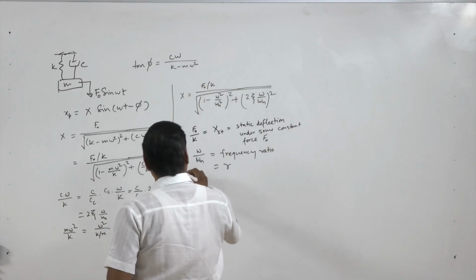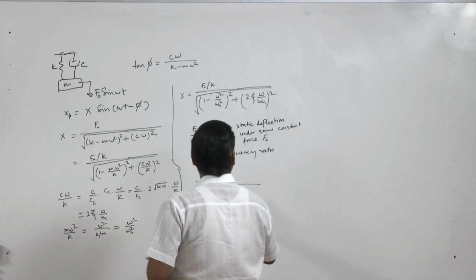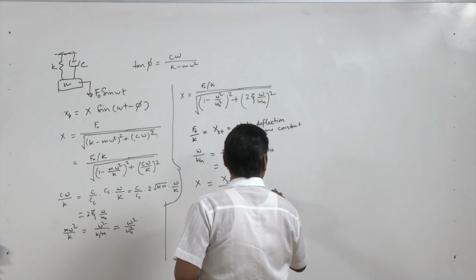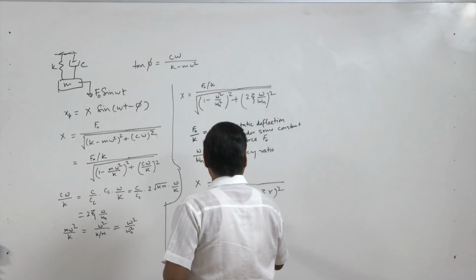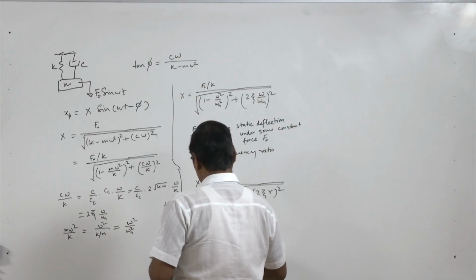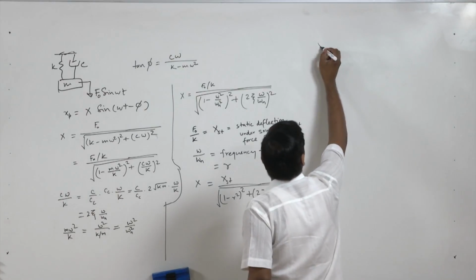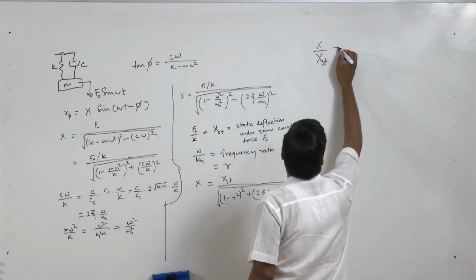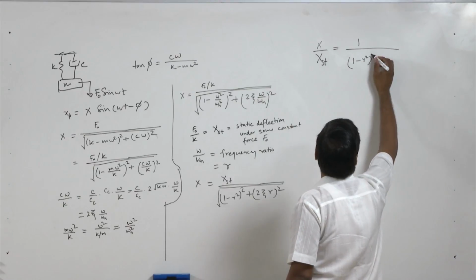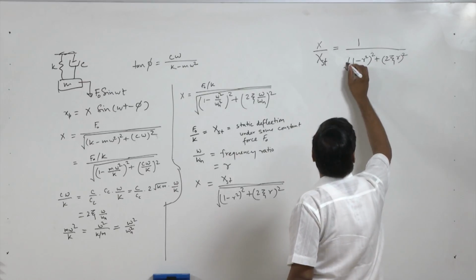So we can write this equation X equal to Xst upon the square root of 1 minus r square, whole square, plus 2 zeta r, whole square, or X by Xst equal to 1 by the square root of 1 minus r square, whole square, plus 2 zeta r, whole square.